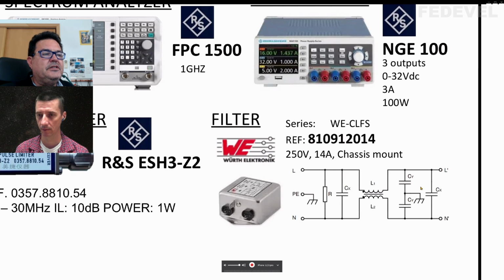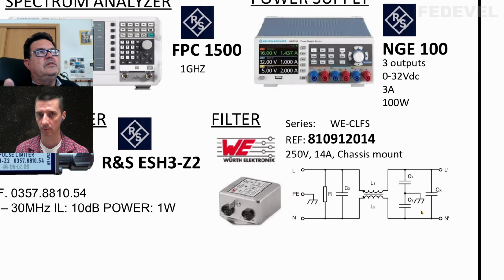These kind of filters are for the 250 volts or 120 volts in the USA powering applications, where this is line and this is neutral, and they are designed to pass 50 or 60 hertz. But because this is a low pass filter, DC levels go from one side to the other without attenuation.